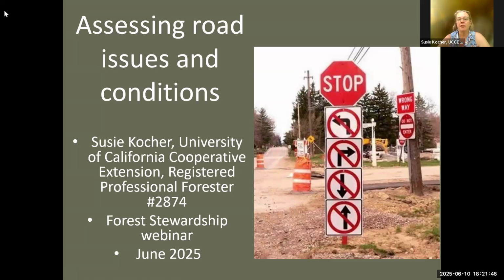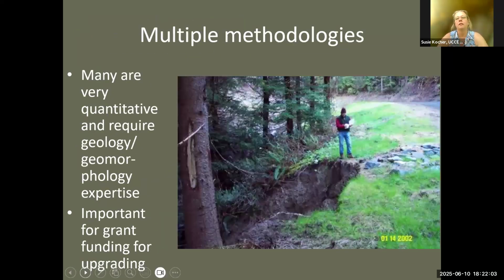So I'm going to go ahead and bounce off of what he said and talk a little bit about how to assess your road if you are a manager of a rural road. So ideally, Richard gave you some ideas of some of the good parts of roads, some issues with roads.